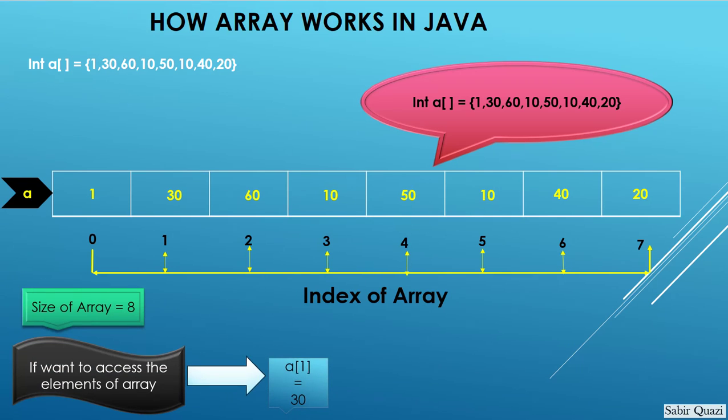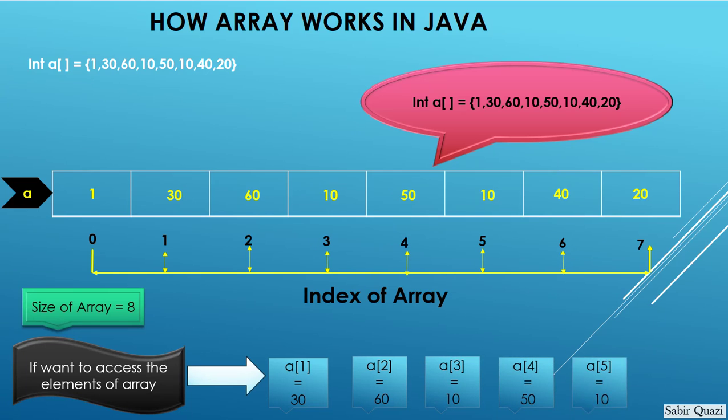Like I said, values of arrays are accessed through these index numbers, such as A of 1 is equal to 30, A of 2 is equal to 60, A of 3 is 10, A of 4 is 50, similarly A of 5 is 10.